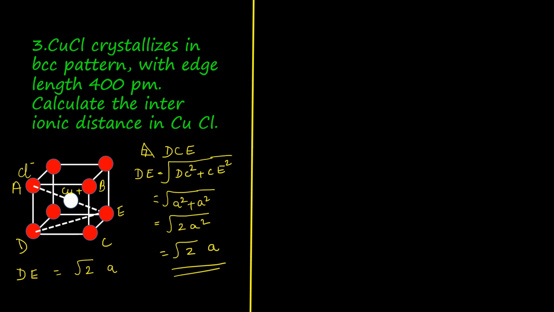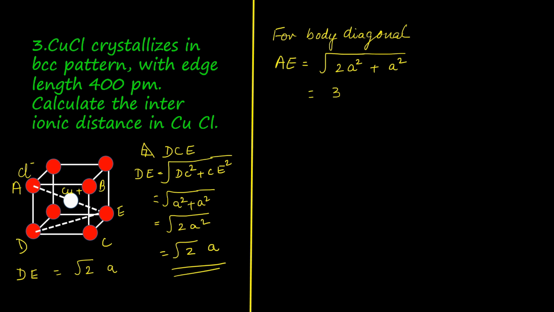So, DE is equal to root 2A. For body diagonal, AE is equal to root of 2A square plus A square from right angled triangle ADE, because DE square is equal to 2A square, which is equal to root 3A.